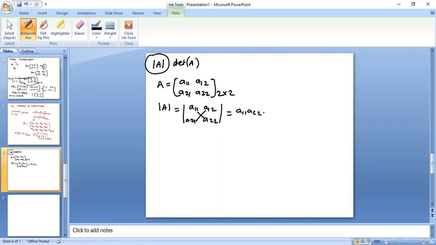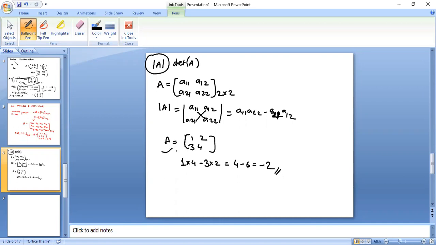A11 A22 minus A12 A21. This is the determinant of A. So example, we will take A as 1, 2, 3, 4. Then its determinant is 1 into 4 minus 3 into 2. Then you will calculate it. This is the determinant of A. Okay.